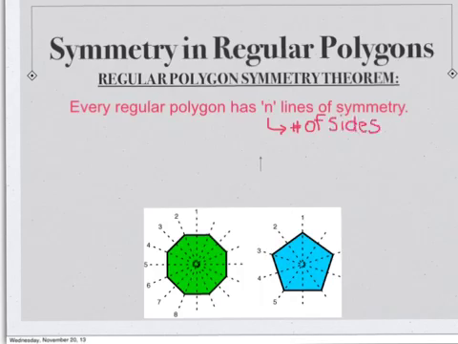Also important to notice with this is that when I say it has n lines of symmetry, that means that it has what we call n-fold rotational symmetry. We talked about that a little bit with parallelograms the other day. And I'll give you a minute to write this down, and then we'll talk about what that means.